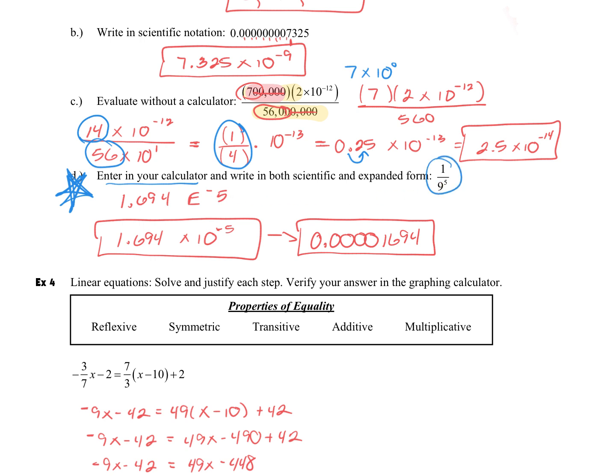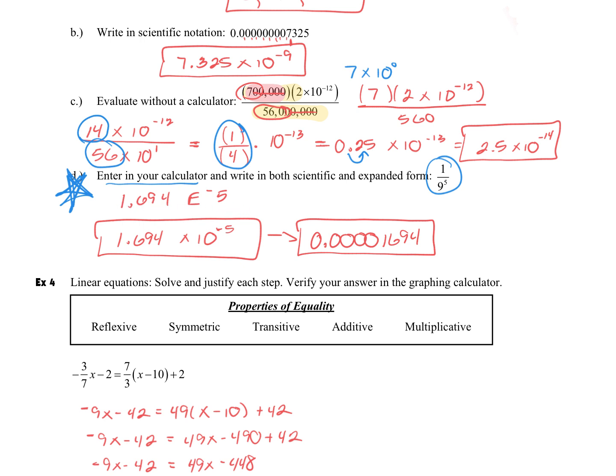When you do that, you're going to get something that looks like this. Most likely your calculator is going to show you this E. This E is telling you that the exponent is a negative 5. They're telling you this is scientific notation.